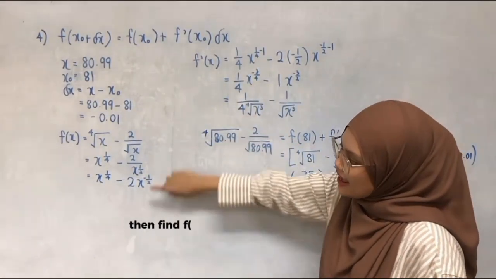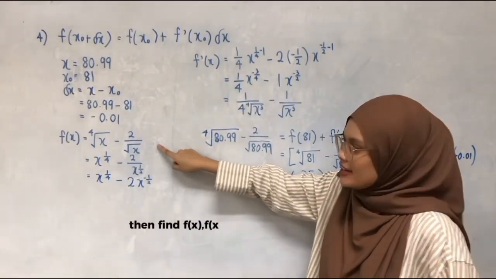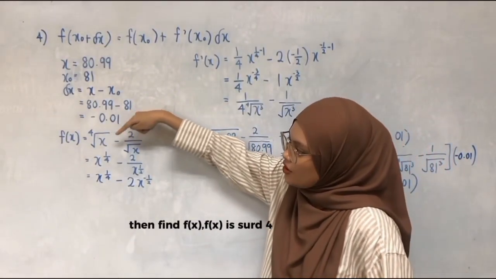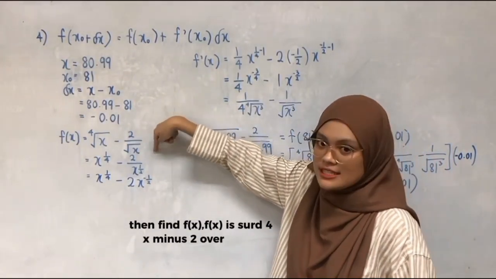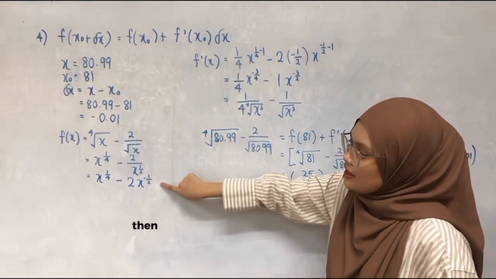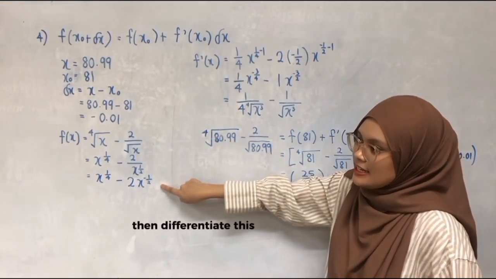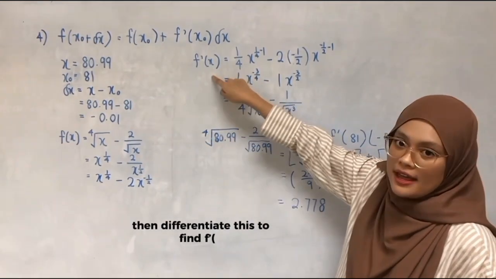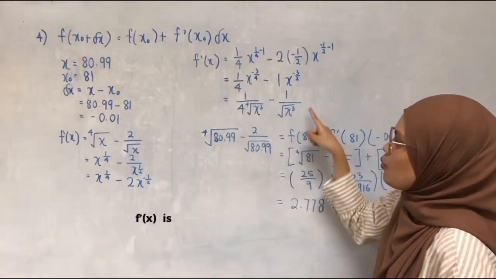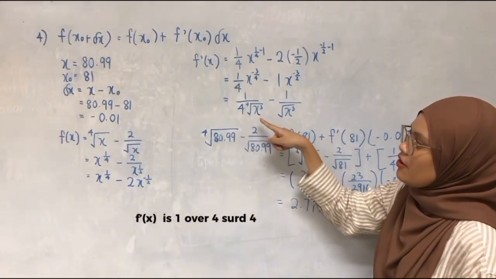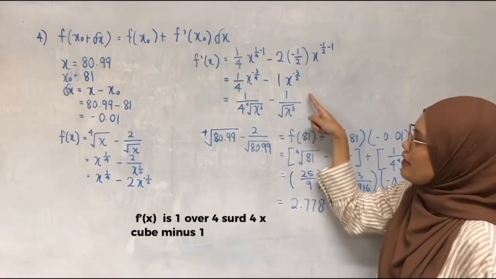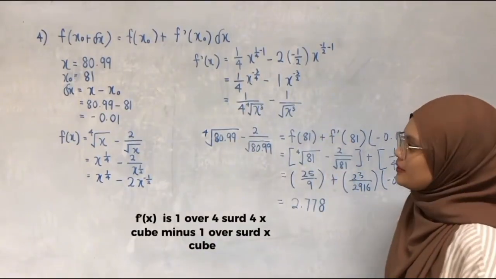Then find f(x). f(x) is sec 4x minus 2 over sec x. Then differentiate this to find f prime x. f prime x is 1 over 4 sec 4x cubed minus 1 over sec x cubed.